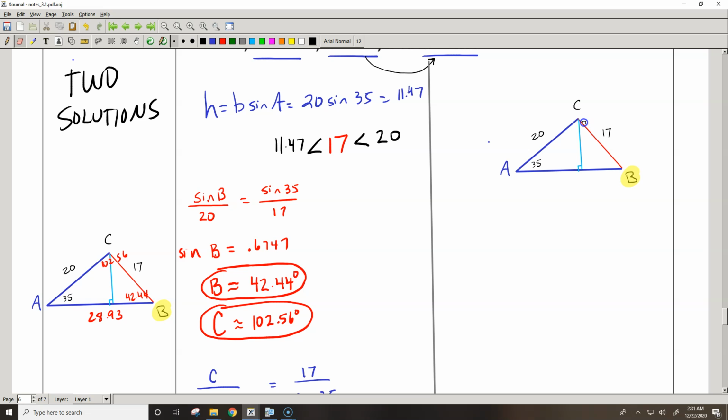If this A side was not swung out here so that angle B was an acute angle, but what if it was drawn, remember, it could be drawn like this, or it could be drawn like over here. So what if we swung it to be like this? That is going to be our second solution. So therefore this bottom length is going to be shorter, or that side C is going to be shorter, and our second solution will be something like this. Okay, now, so this is our first solution over here. This is the first.